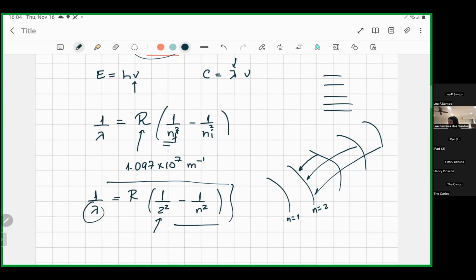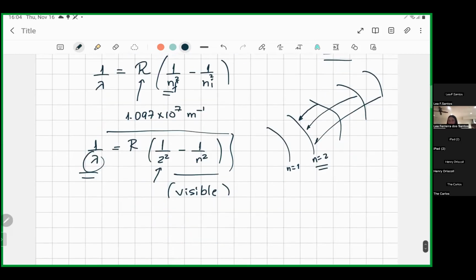When the hydrogen atom's electron decays into this first excited state, the lines that we get are visible, in the range of frequencies that we can see. So this was the first one that people started studying, and the first person studying that was Balmer.